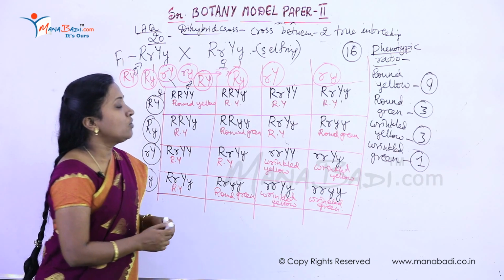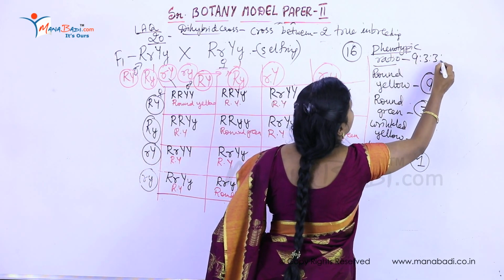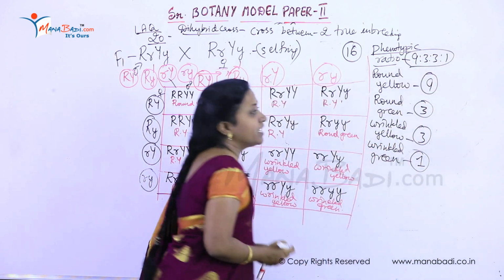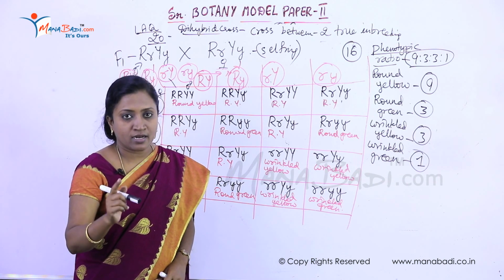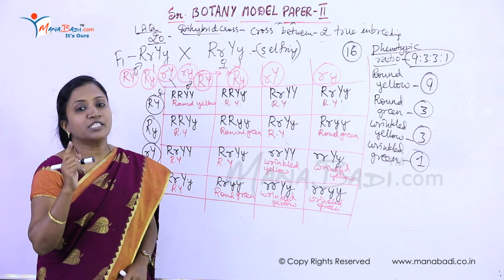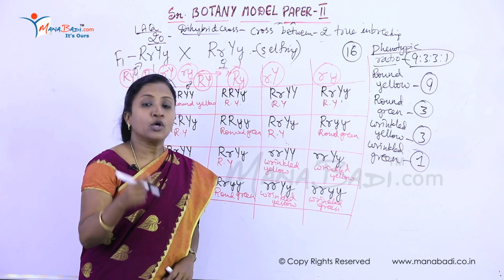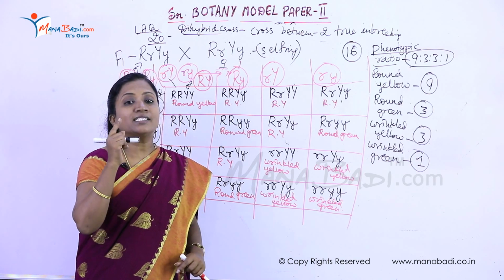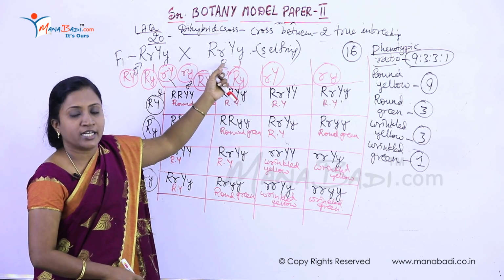So here the phenotypic ratio can be noted as 9:3:3:1, the phenotypic ratio of the second filial generation, which is formed as a result of selfing the F1 generation.